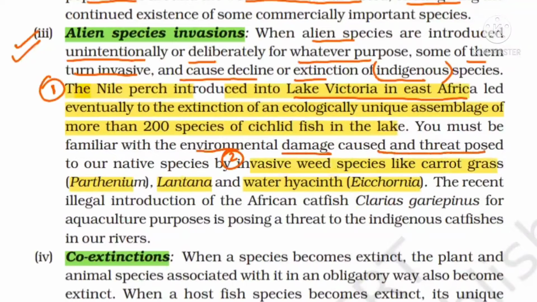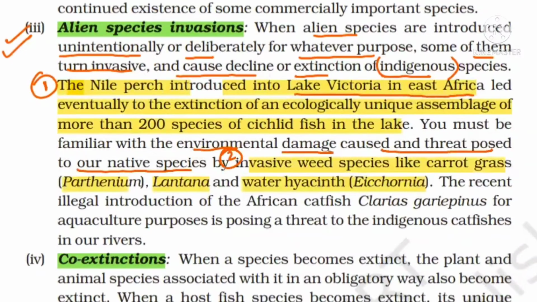You have already studied in the first unit of this 12th class that Eichhornia, which is known as water hyacinth, is also known as the terror of Bengal, because it grows so excessively on water bodies that it cuts off the oxygen supply. As a result, fish mortality is increasing. So the second example is invasive weeds.